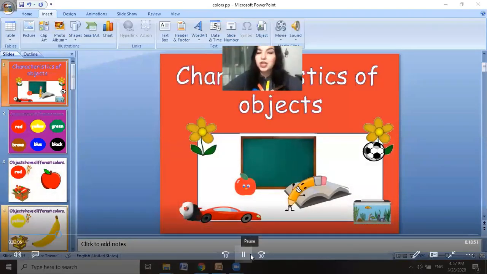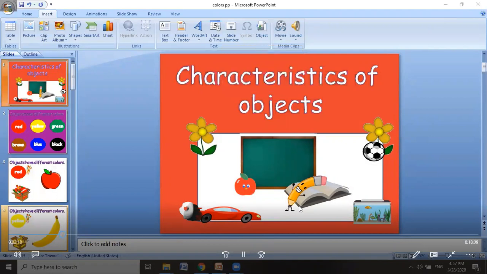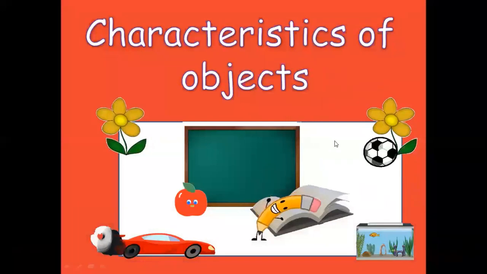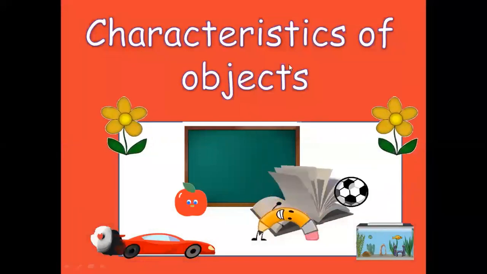Good. So we said that objects have different colors. Now, I want to revise the colors for you, okay? So our lesson is about characteristics of objects. We have many objects.